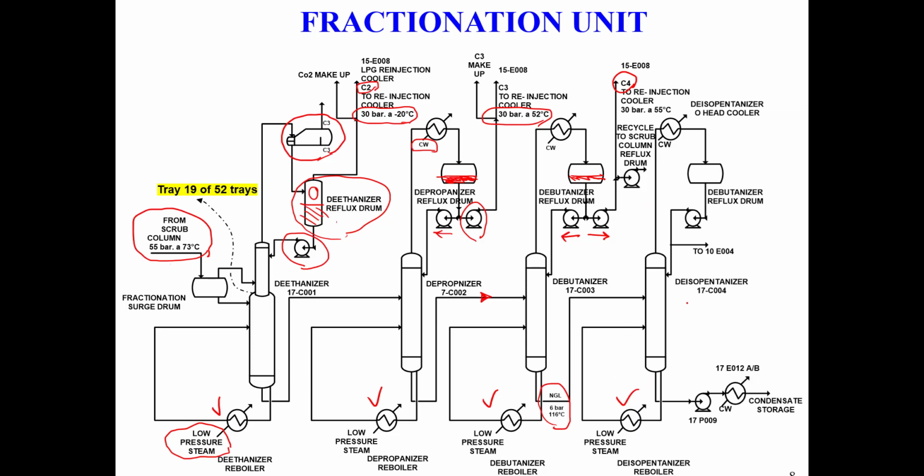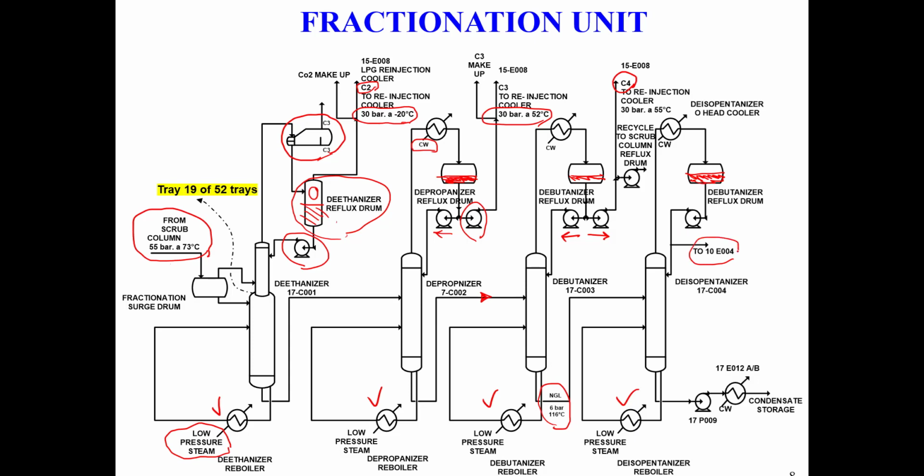And in the last stage, we have the isopentanizer, where we again have a reboiler, and at the top a condenser. And we also have a reflux stream here that sends some portion of the liquid as reflux.